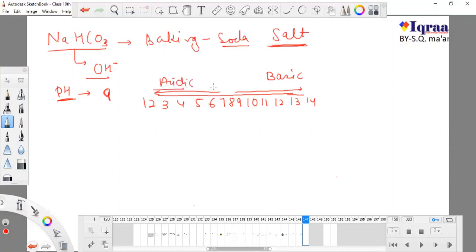It has a pH of 9, so definitely this sodium hydrogen carbonate is basic in nature, but slightly basic, because it does not have a high pH. That's why we can use this baking soda for our food items.